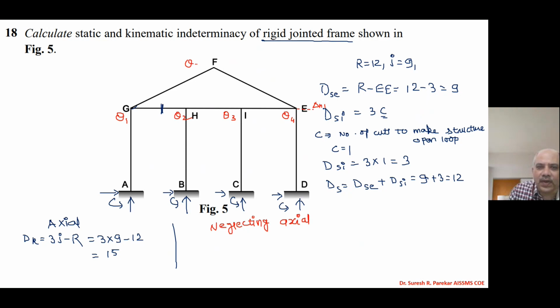Then we have theta 5 over here, and then here we have delta H2. So 5 thetas and 2 deltas. So we have DK value, and we will get it as 4, 5, 6, and 7. So DK is equal to 7 in this case.